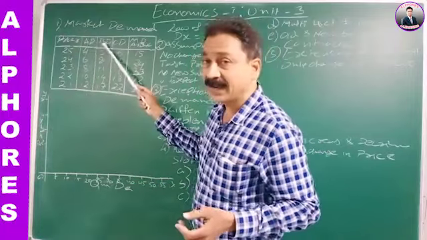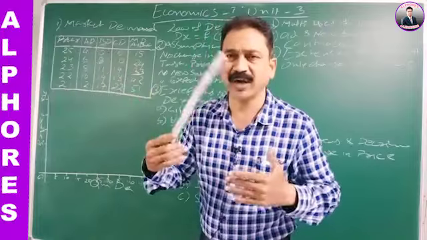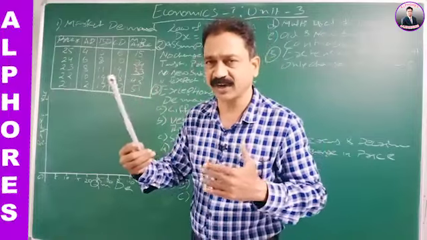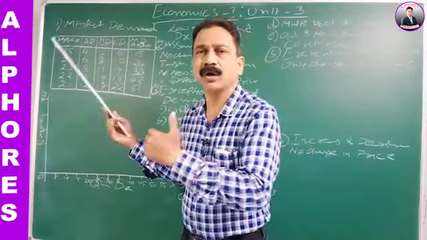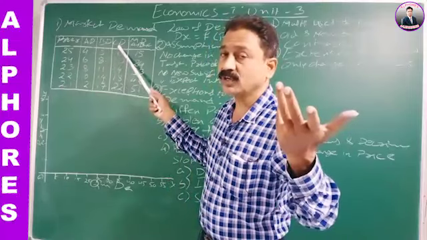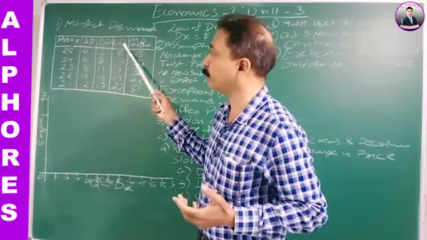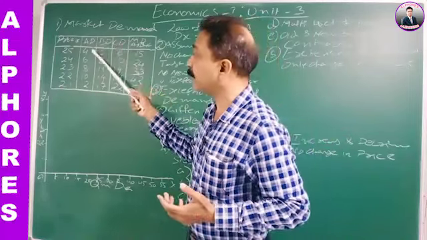This is the middle income group. For our understanding, I am saying this; it is not exactly prescribed in the textbook as it is. But for our understanding, this is rich people, the higher income group. Their demands will be different.